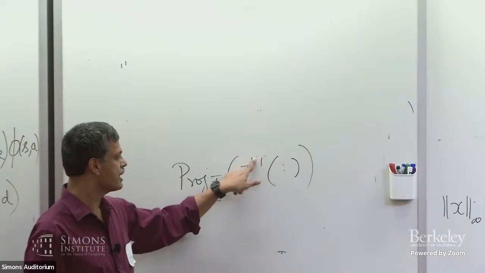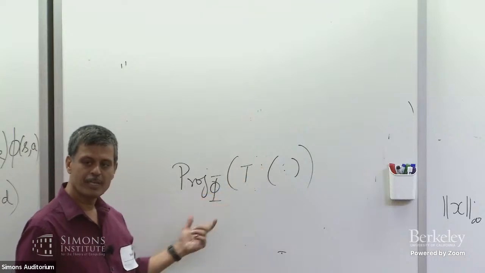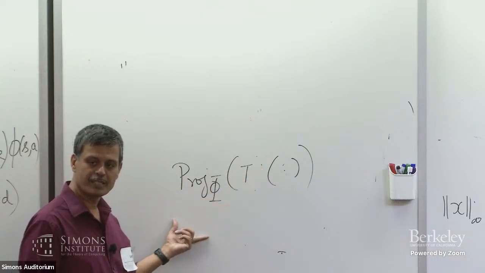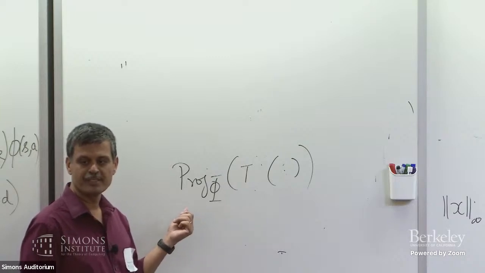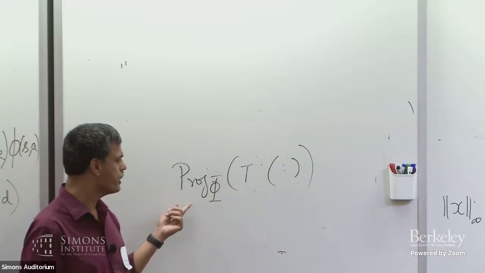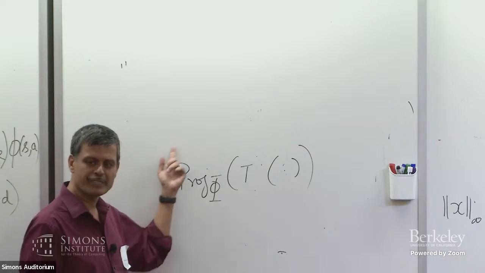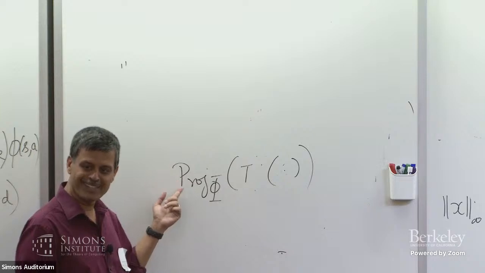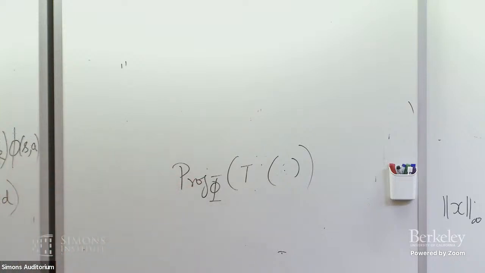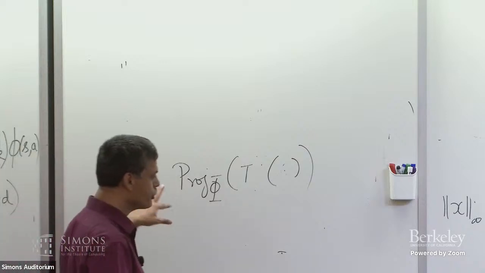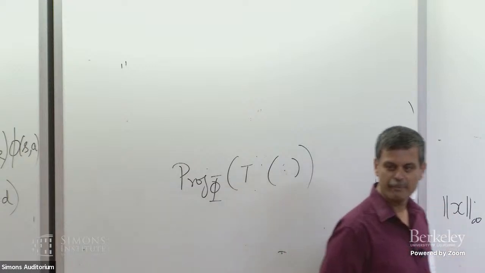Now, T is a contraction in the infinity norm, and the projection is in some 2 norm, and these two are not compatible. I think the counterexample probably preceded all of these proofs, and I can't remember the details; it's a very old example. But from a proof perspective, this incompatibility is why it doesn't work.